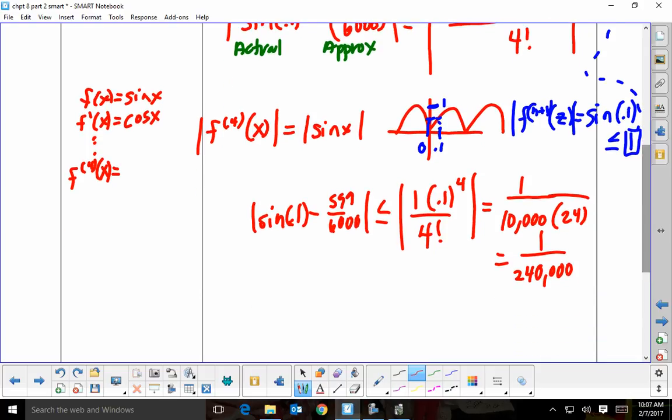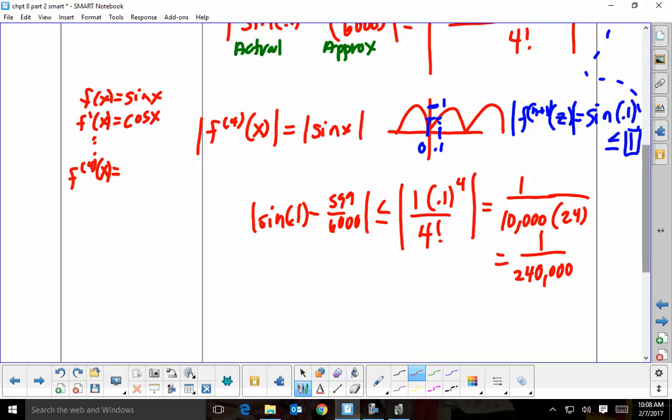So our error is smaller than that, just by going to the 3rd degree. Isn't that pretty cool? That's a really tiny error. Obscenely small, and it was just a 3rd degree polynomial too.